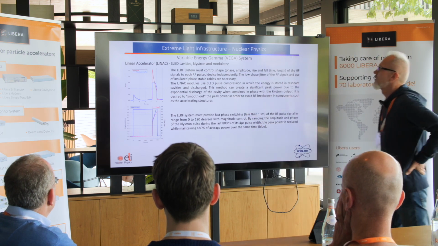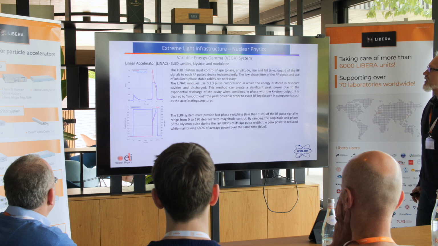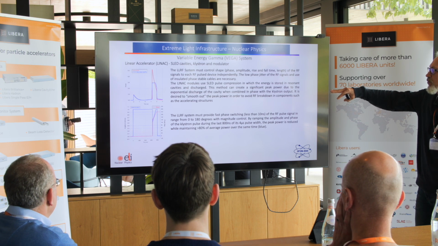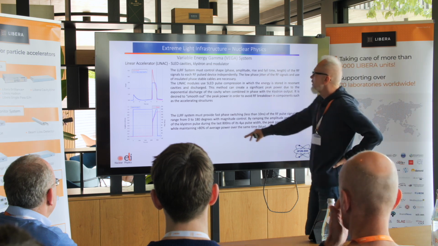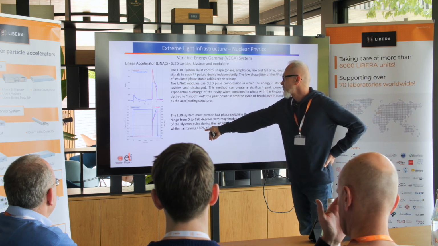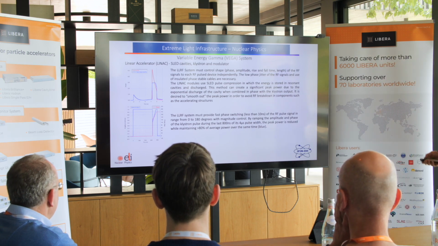So we need very fast operating low-level RF equipment in order to perform this, in order to flatten the peak of the energy, so that finally 80% of the average power generated by the klystron arrives.